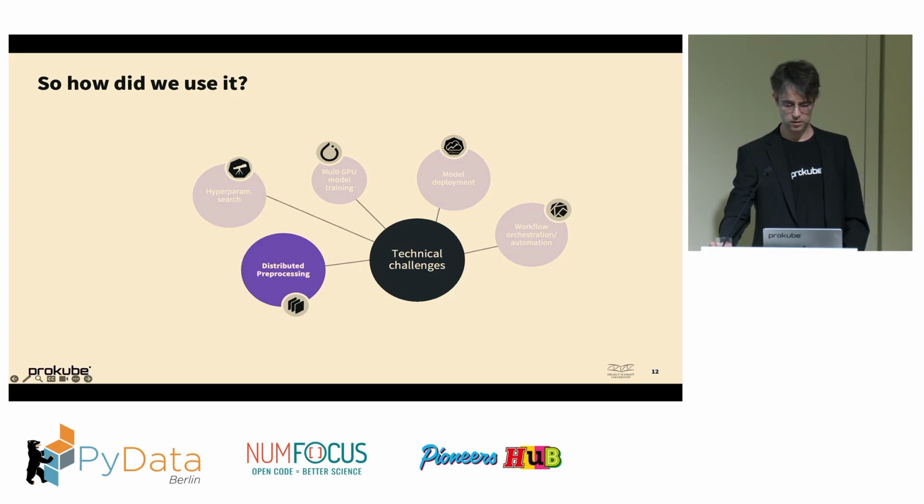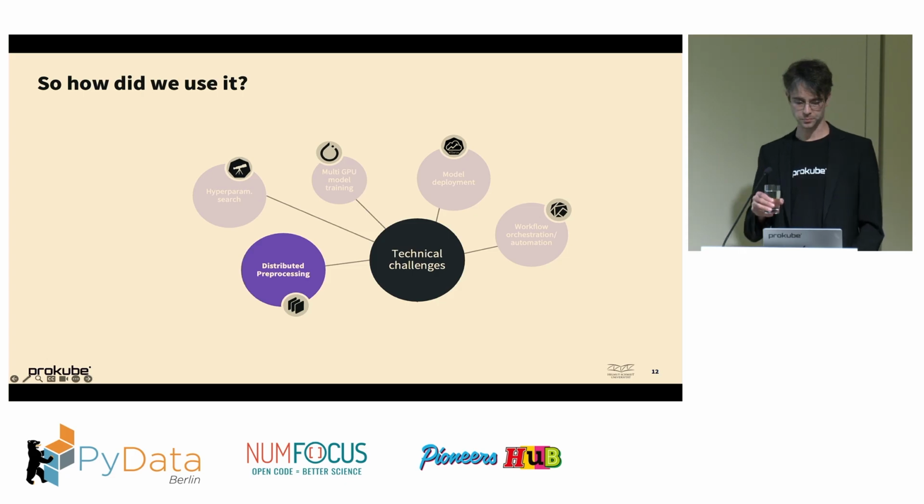So let's start with Dask and the distributed preprocessing. Are there any Dask users in the room? Very few. So Dask is, I'd like to call it, a Pythonic replacement for something like Spark, which at least makes me and also most of my colleagues a lot happier than using Spark.